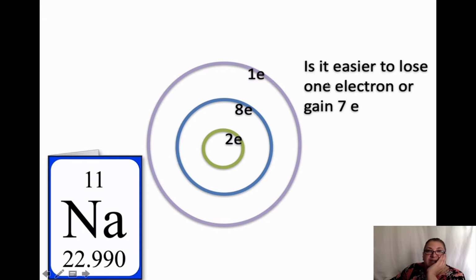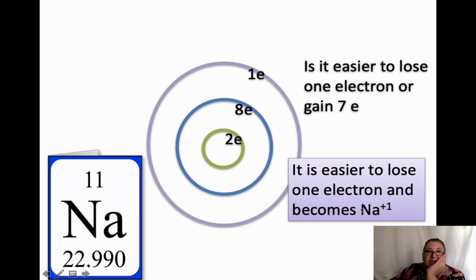Now, to get to 8, 8 is the next level. That's the most stable. So to satisfy the octet rule, it's easier to lose 1 than to gain all 7. And when it loses 1, it becomes positive 1. And the positive 1 is also called the oxidation number.